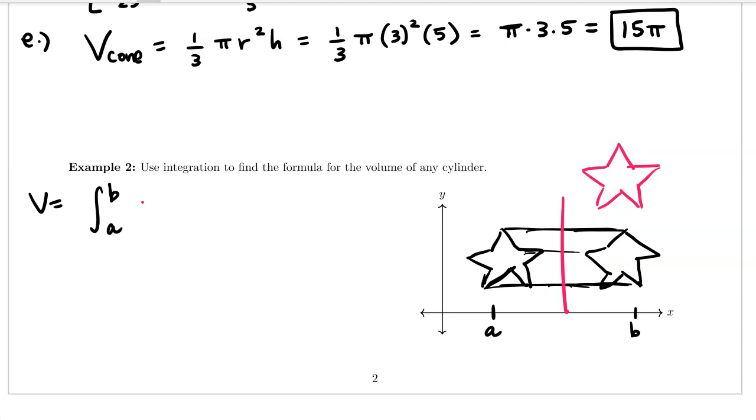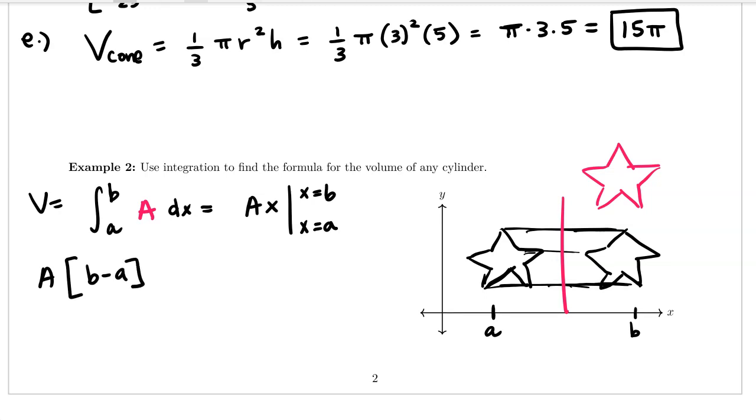And so here, I'm just going to call this capital A to represent the area of any of my cross-sections, and I'm integrating this with respect to x. And we know from previous integration properties that the antiderivative of a constant is A times x if we're integrating with respect to x. So this is going to end up equaling A times x from x equals a to x equals b. And if I use the fundamental theorem of calculus, I can write this as capital A times b minus a.